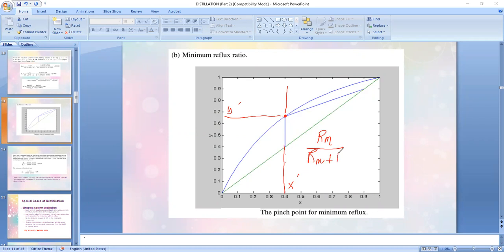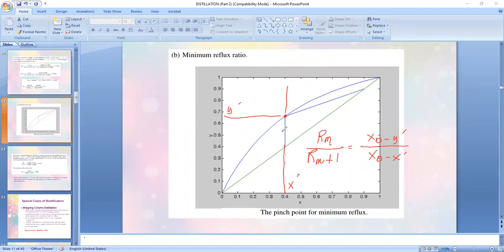X sub D minus Y prime over X sub D minus X prime. Right? So from that formula, you'll be able to get the minimum reflux ratio.